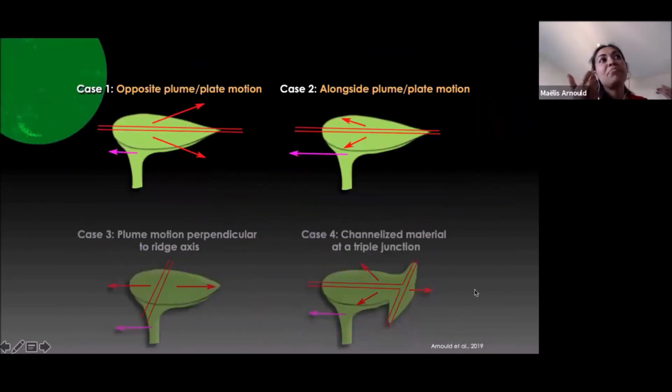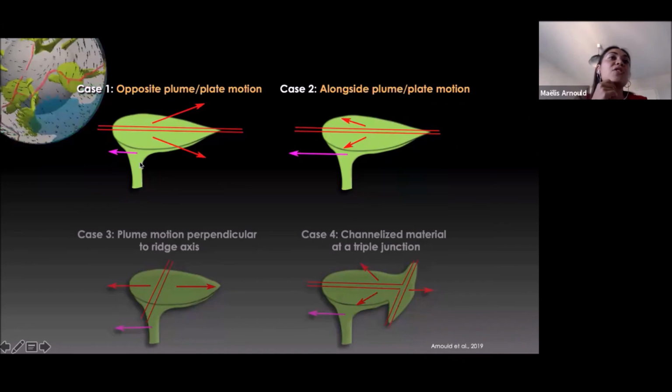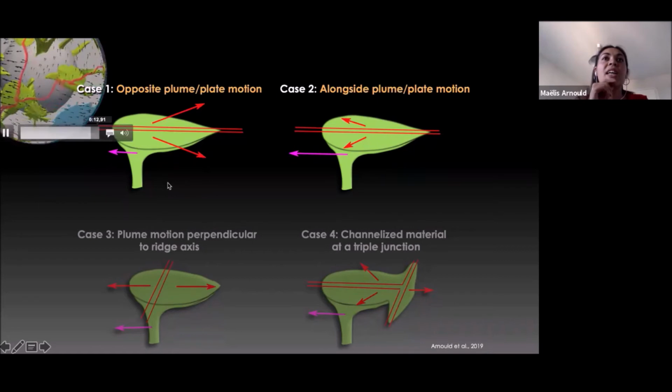So in our case, we were able to describe 4 different cases of interactions between mantle plumes and ridges. For example, in the first case, the plume is moving in the opposite direction to the net plate motion, which is shown in red. And this results in an elongation of the thermal wake in the same direction as the plate motion.